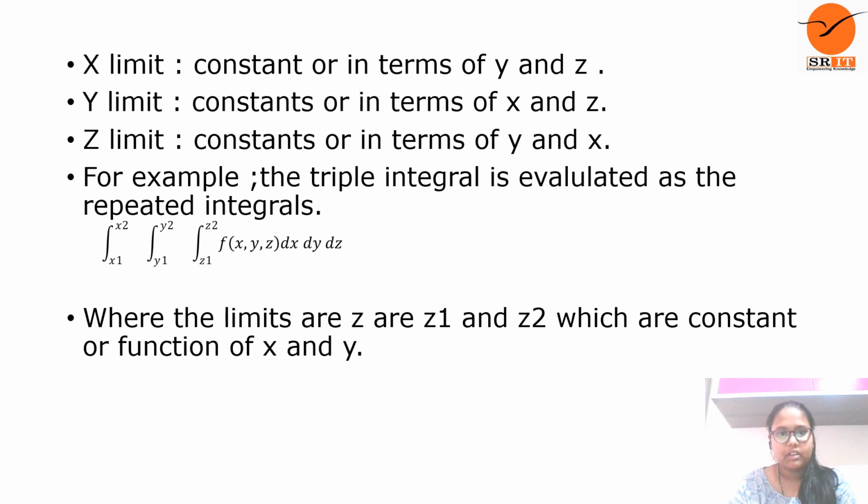For example, the triple integral is equivalent to the repeated integral: integral x1 to x2, integral y1 to y2, integral z1 to z2, f of x, y, z, dx, dy, dz, where the limits z1 and z2 are constants or functions of x and y.